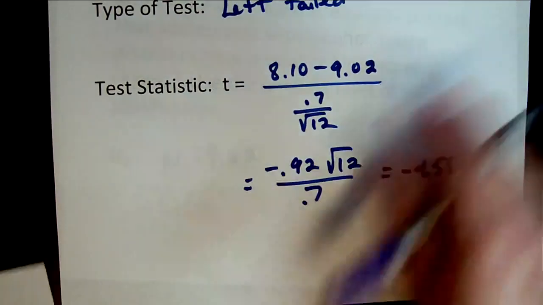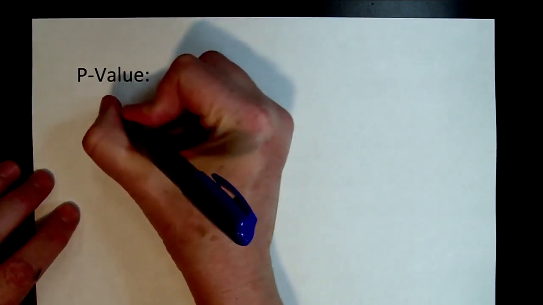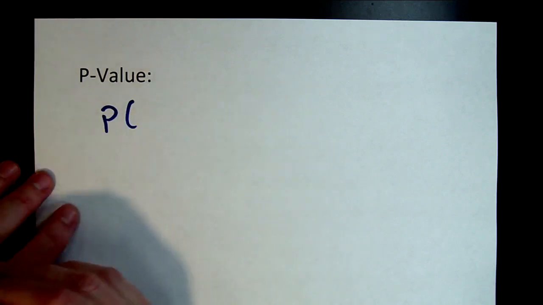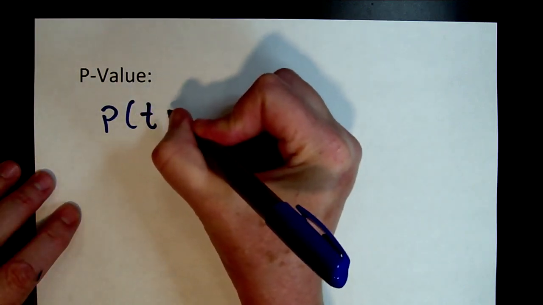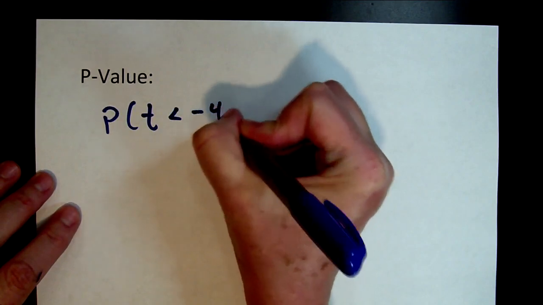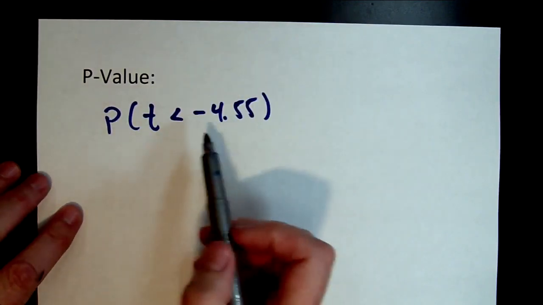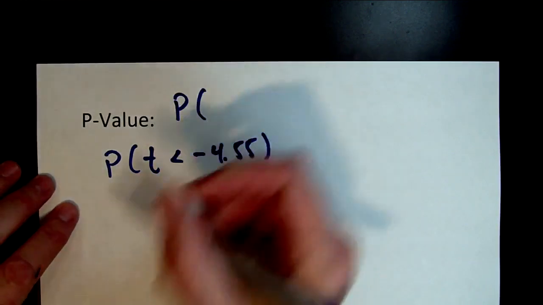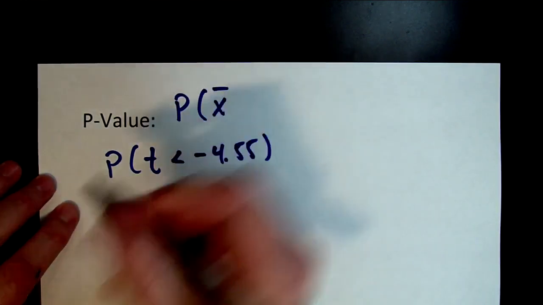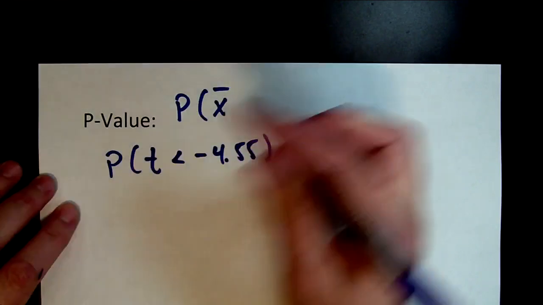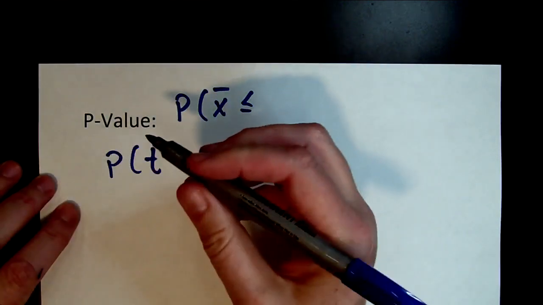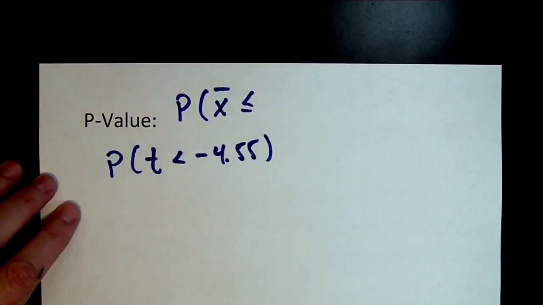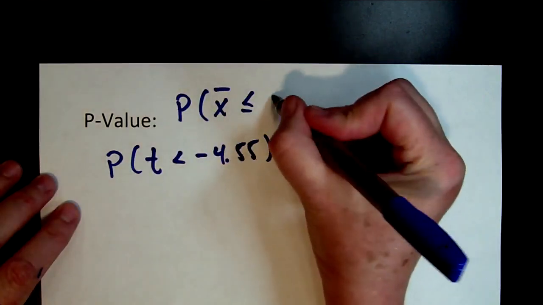Okay, so for the p value, we're interested in the probability that t is less than negative 4.55. Why that specifically? Well, I'm interested in the probability of having that sample mean be less than or equal to what was 8.10.